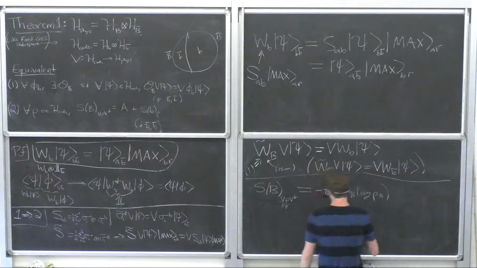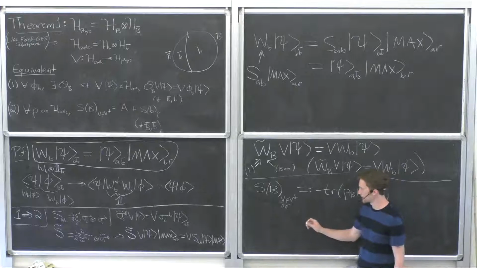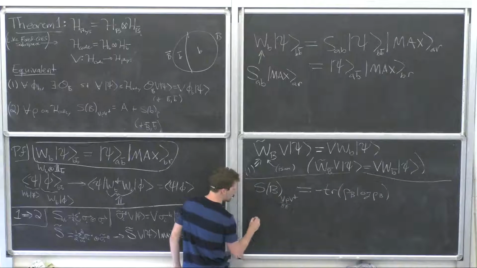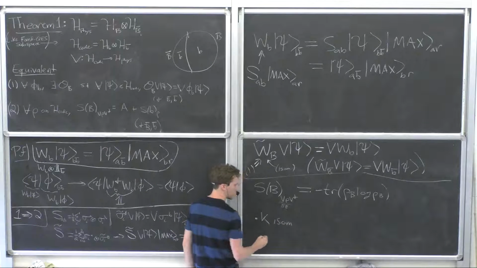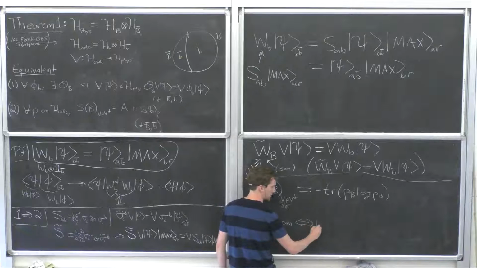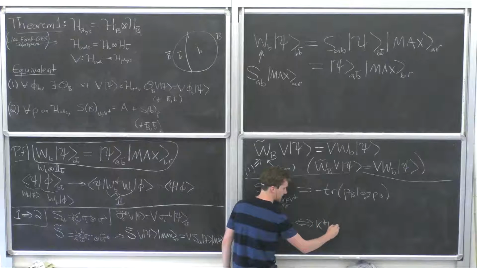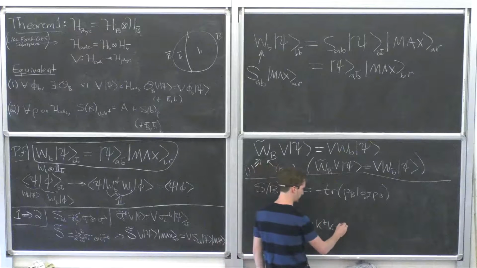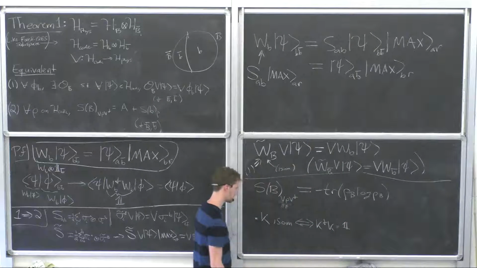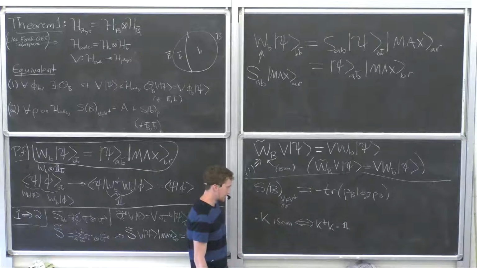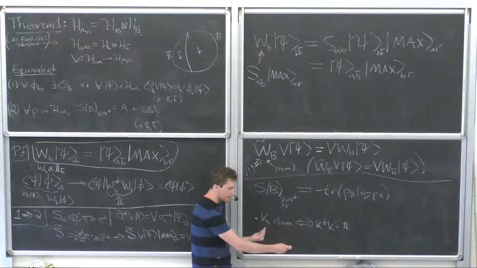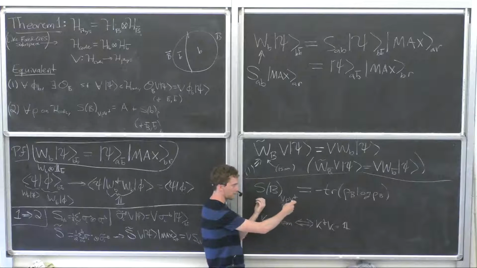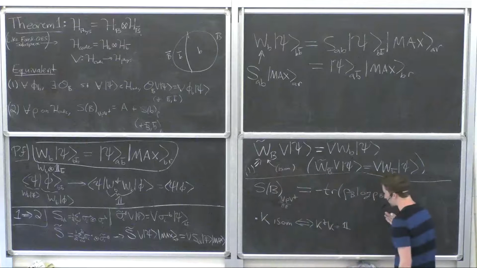So what happens if you act some isometry? Let's just assume we have K, which is an isometry. Remember, this is equivalent to saying that K dagger K equals the identity. So if K is an isometry, let's act K on B bar. How does that change this? Well, where does B bar even show up?